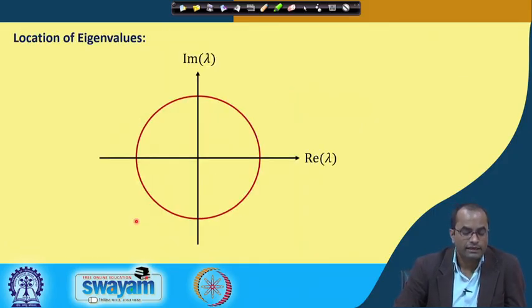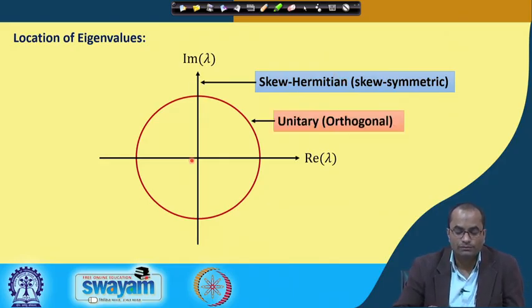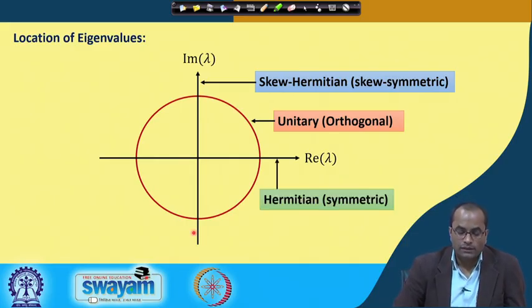The location of the eigenvalues, now, what we have just seen in the previous slide. If we have a skew Hermitian matrix, their eigenvalues are purely imaginary. For the unitary matrix, they lie on modulus 1, and for the Hermitian matrix or the symmetric matrix, the values are sitting on the real axis, meaning they are real numbers.